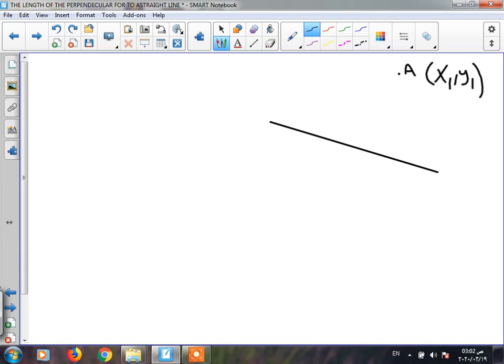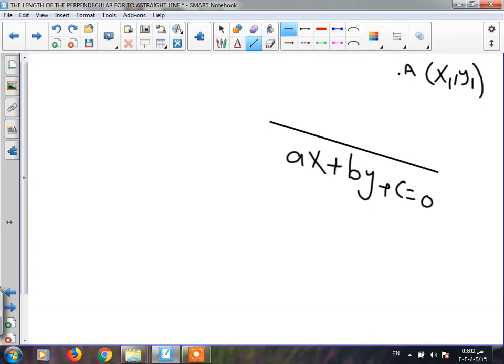How can I find the length of the perpendicular from A to the straight line? It's going to be L. L is the perpendicular from the point A to the straight line.